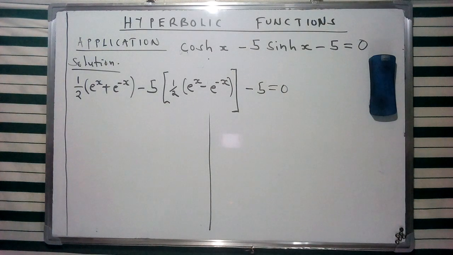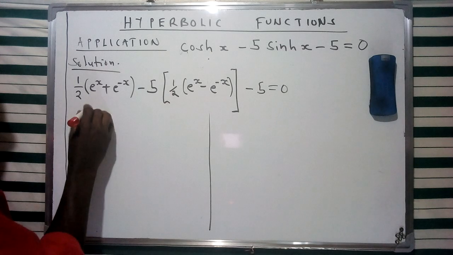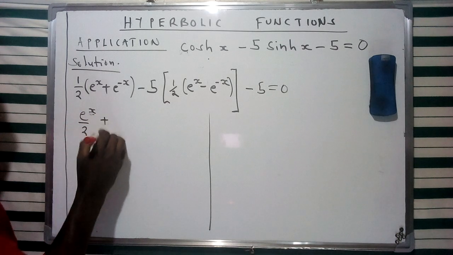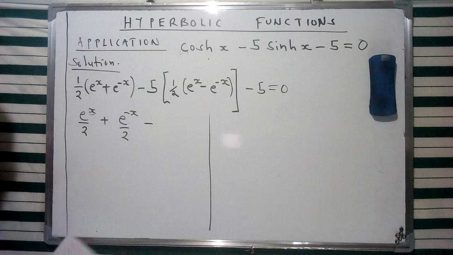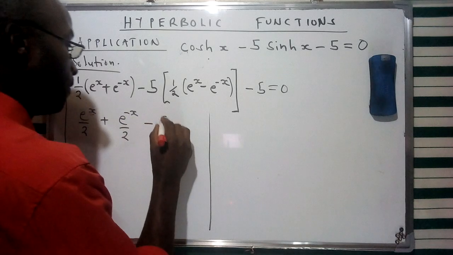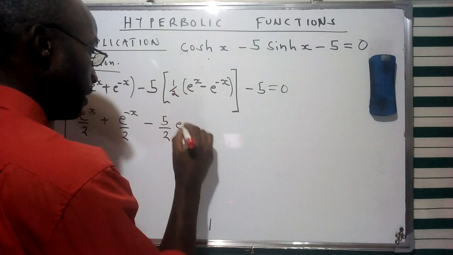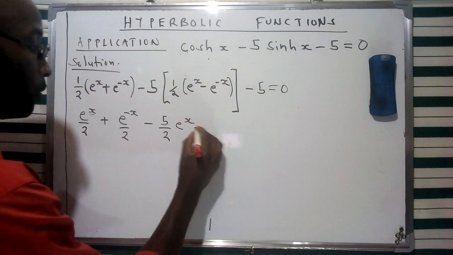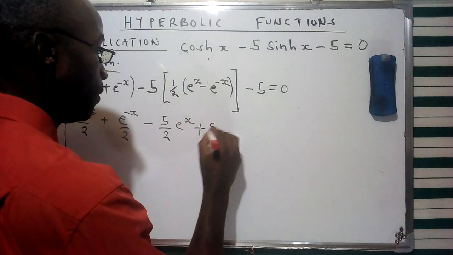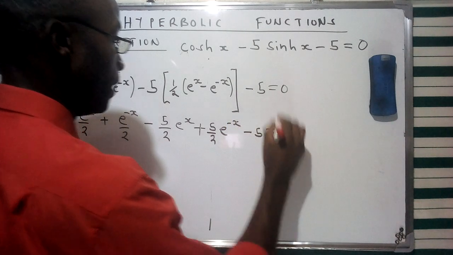We're going to perform this as a normal evaluation of algebraic expressions. So this is going to give us e^x plus e^(-x) over 2, minus 5 over 2 e^x, and then because of the minus, it's going to give us a positive 5 over 2 e^(-x), and then minus 5 is equivalent to 0.